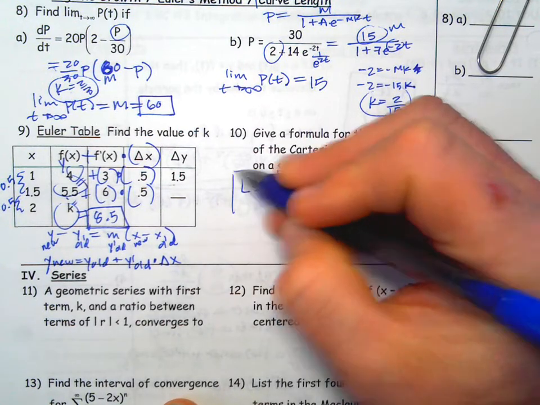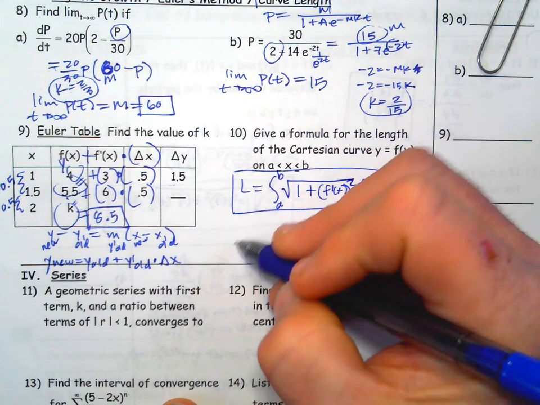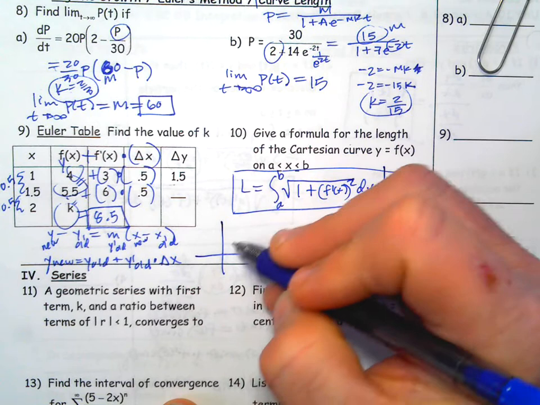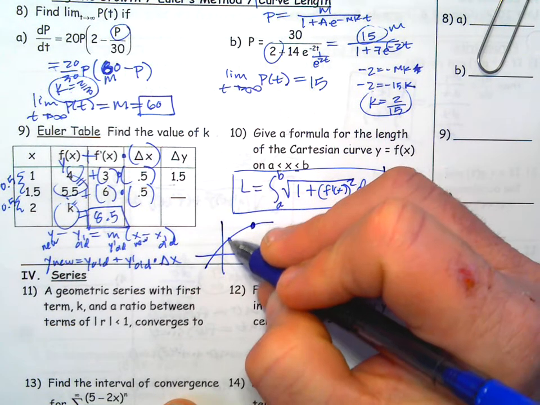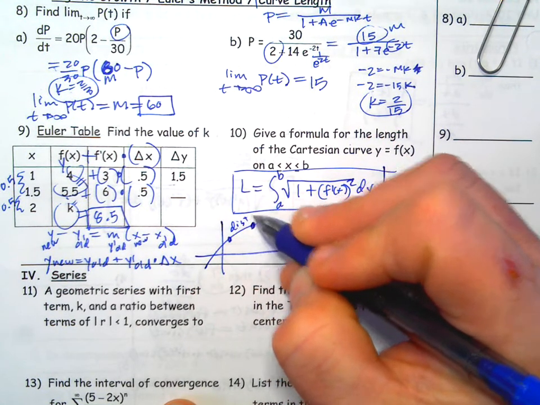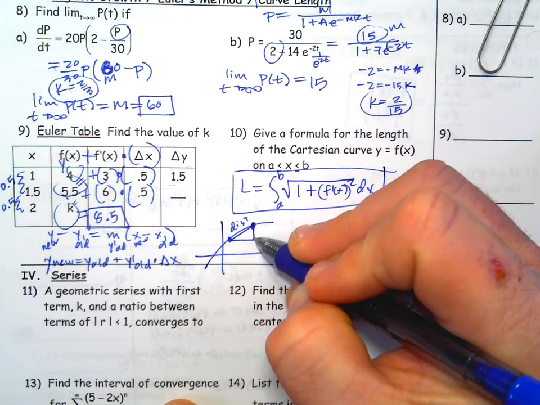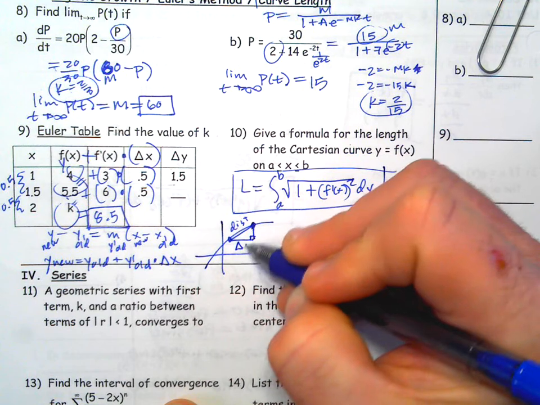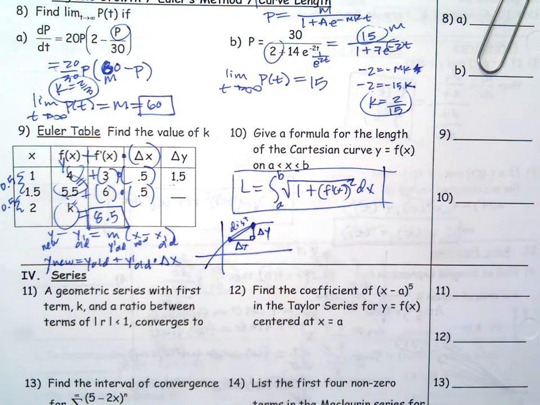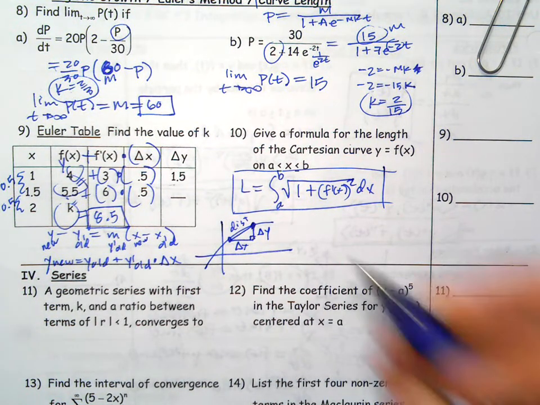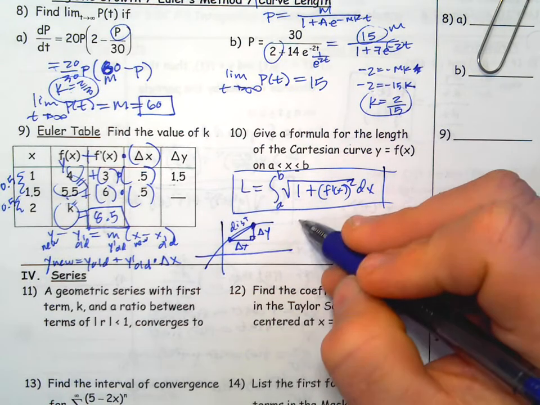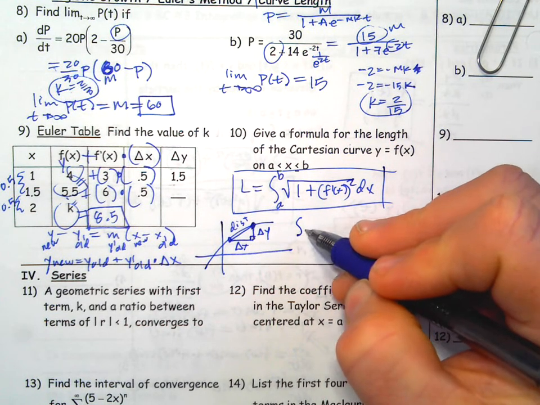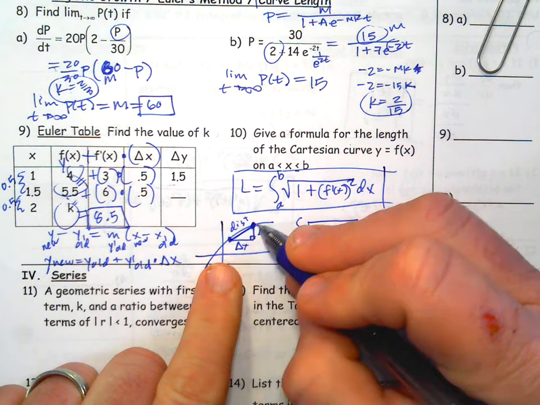Now, this is derived, if you want a quick reminder, if you have a curve and you want to find the distance along the curve. What we do is we estimate it with a secant line. But if we do a bunch of them, really tiny, infinitely many of them, then it'll approach the exact length. So we're really doing the hypotenuse of this little right triangle.